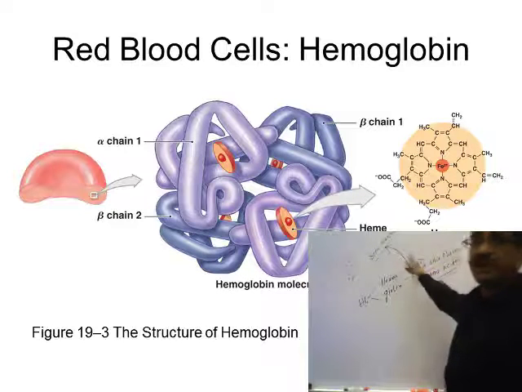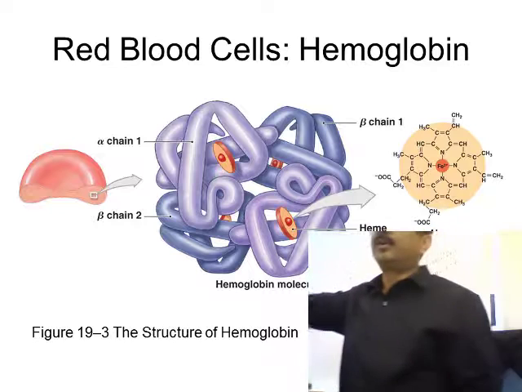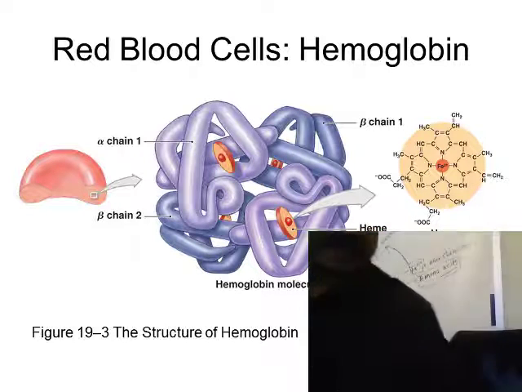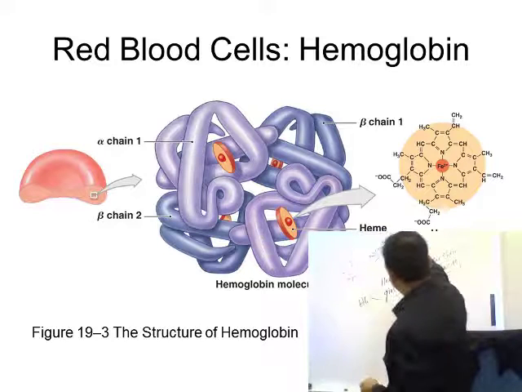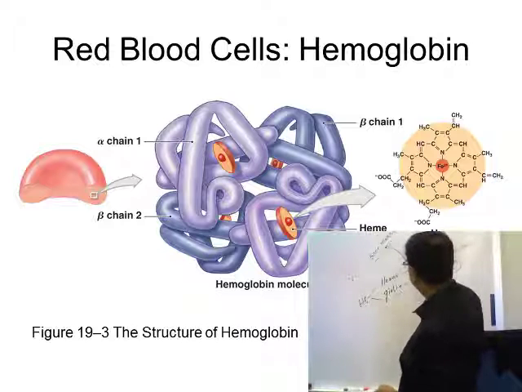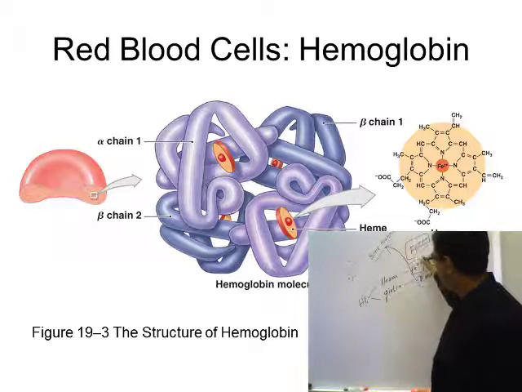This iron Fe2+ can carry or transport oxygen. Iron could also be in ferric form, that means 3+. That is not good to transport oxygen. So in the heme, the iron must be in ferrous form. Anyway, you see the iron and other chemicals. So that is the structure of a heme.